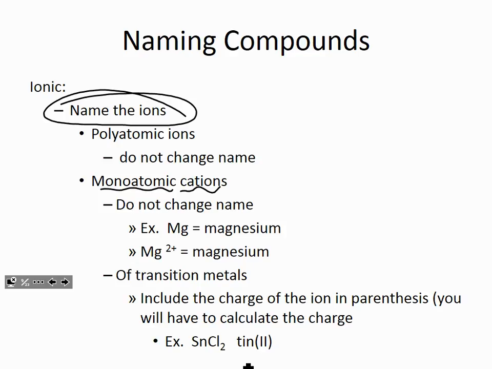But if it's a monoatomic cation, we're talking about things that come from our periodic table, right? We're not going to change the name. Magnesium atom with all of its electrons is called magnesium. Magnesium ion, which has lost 2 electrons, is still called magnesium.